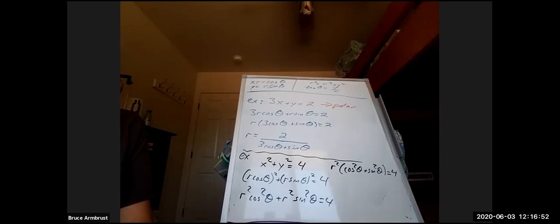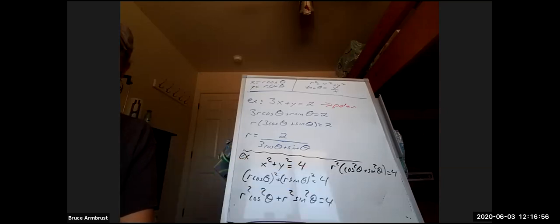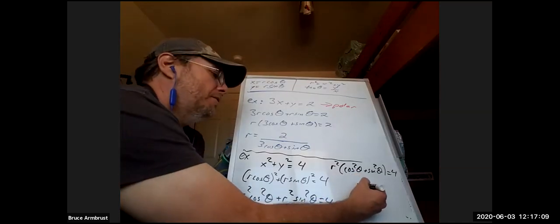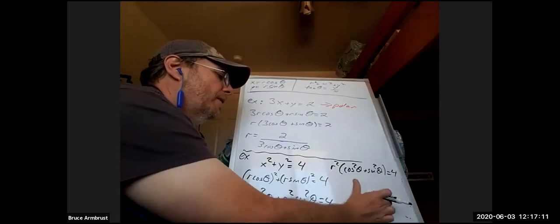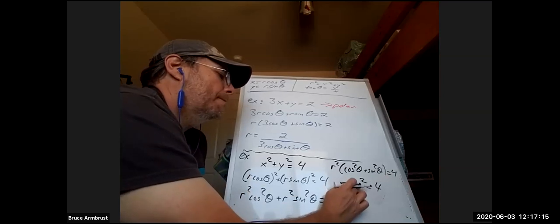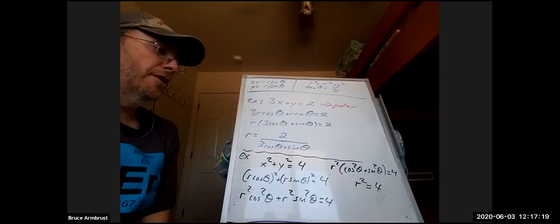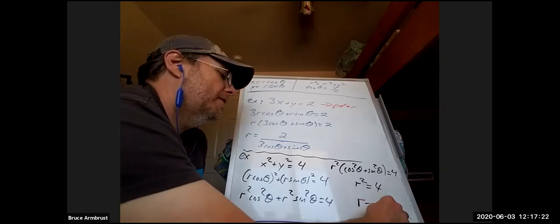And hopefully by now, you got triggered when you saw cosine squared plus sine squared. And I don't mean triggered in a bad way. Hopefully you went, ooh, that's Pythagorean. Cosine squared plus sine squared is actually just equal to 1. So this gives us r squared equals 4. And of course, we can solve that for r by taking the square root.